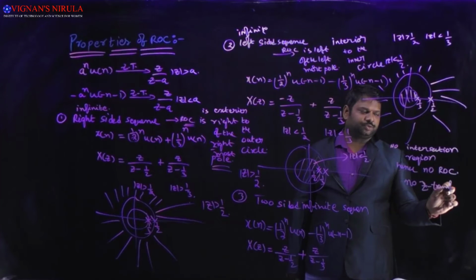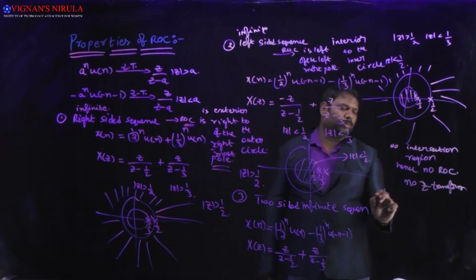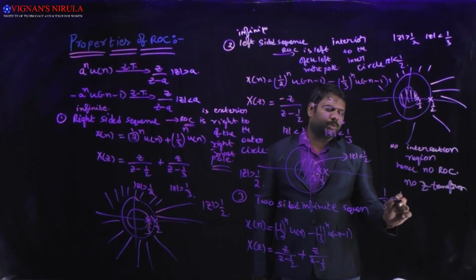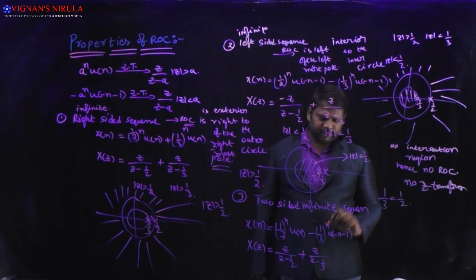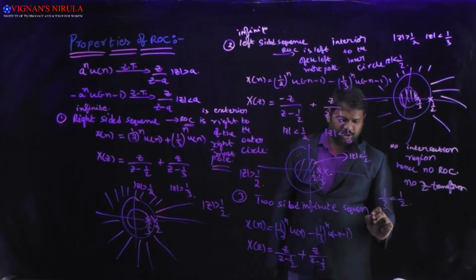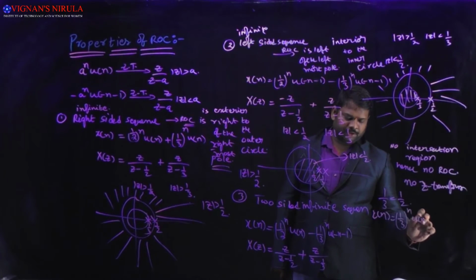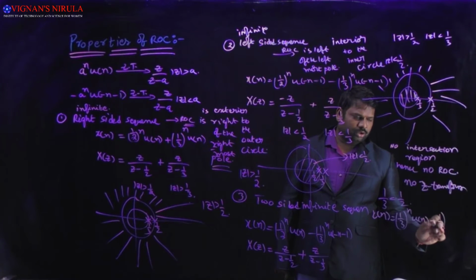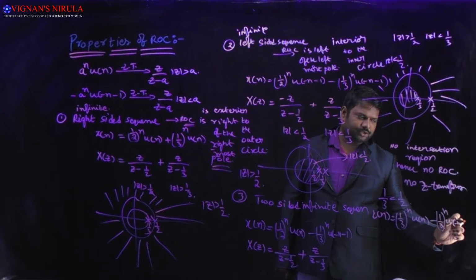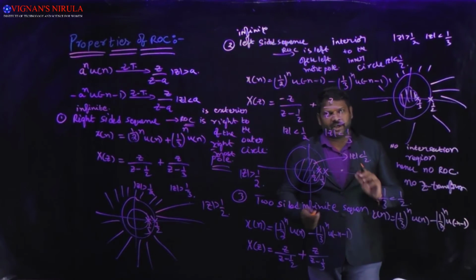This was the case for 1/3 less than 1/2. If we reverse the process, that's x of n equals (1/3)^n u[n] minus (1/2)^n u[-n-1], we'll get the solution and its Z transform.